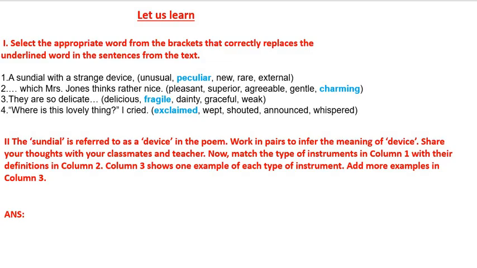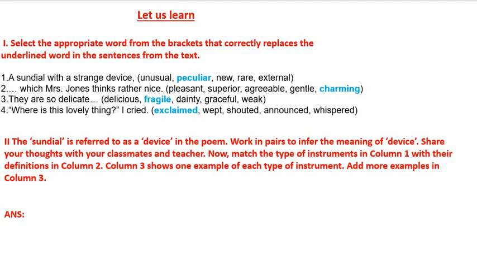The sundial is referred to as a device in the poem. Work in pairs to infer the meaning of the device. Share your thoughts with your classmates and teacher. Now match the type of instruments in column 1 with their definitions in column 2. Column 3 shows one example of each type of instrument.